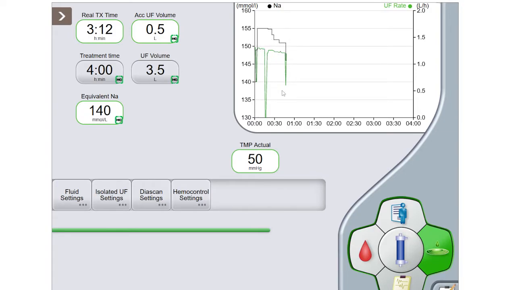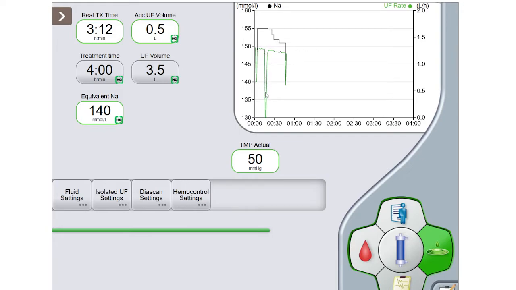So you can see that in response to this, and again, this may not be a picture perfect representation of what's happening with the patient. It's a lot easier to see it when you look at a real live patient and you can correspond what's happening. But HemoControl in response to drops in blood volume typically provides the patient with a break.